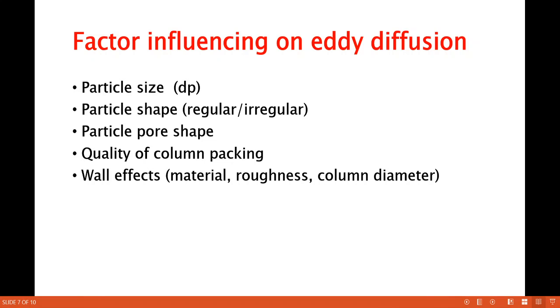As we discussed in the previous slide, if the packing of the stationary phase is not proper, then the time required for the elution also increases. That's why the quality of packing also affects the eddy diffusion. Wall effect, material roughness and the column diameter are included in the wall effect. Okay, so all these factors are affecting the eddy diffusion.